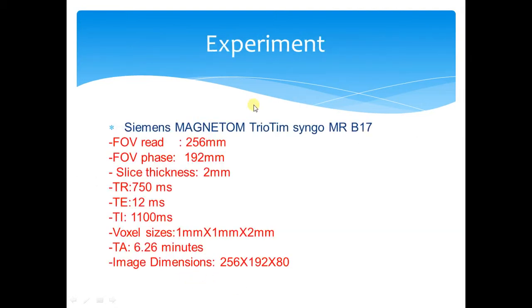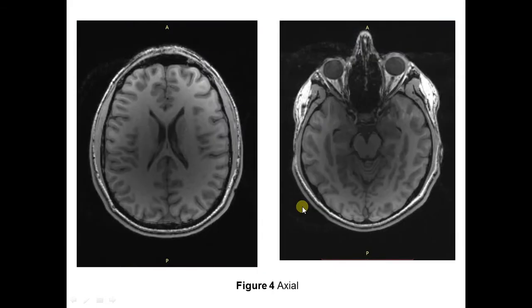I did an experiment with this sequence. The MR machine I used is a Siemens Magnetom. The parameters I used are here. What I obtained in the axial plane is here.